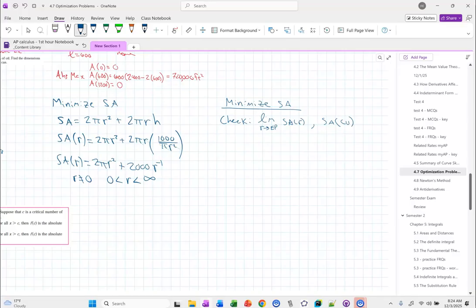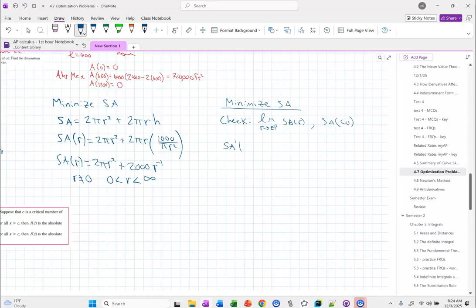Now, since we're minimizing, what are we hoping is happening at the endpoints? We're hoping it shoots off to positive infinity. That's what we're hoping for. Because if that's the case, then all we have to worry about is which critical value is the smallest. Everybody's okay there? All right. Let's find those critical values first, yeah?